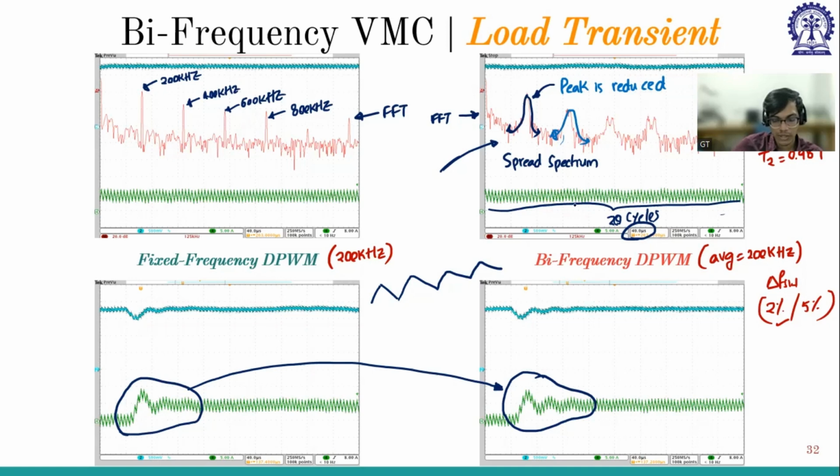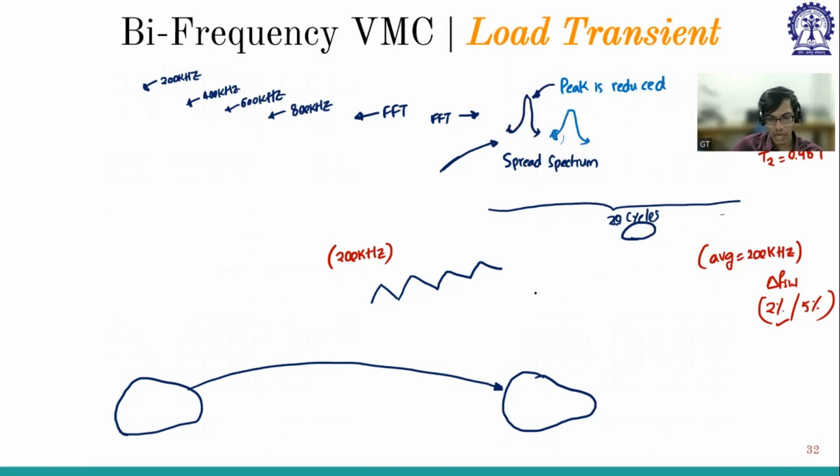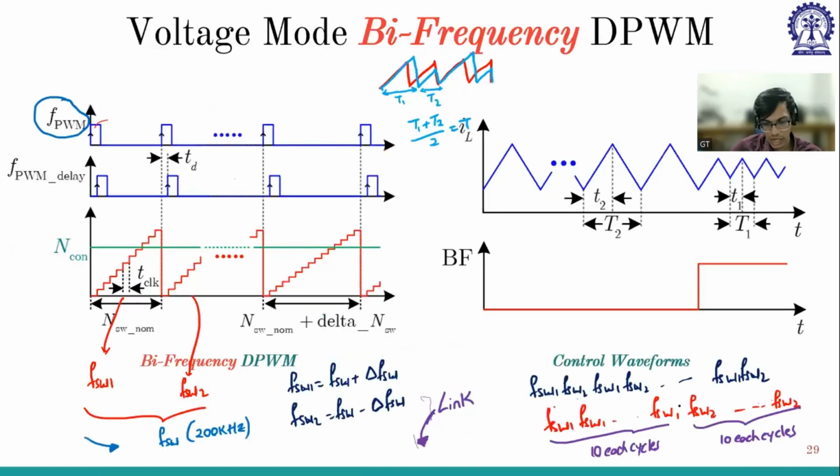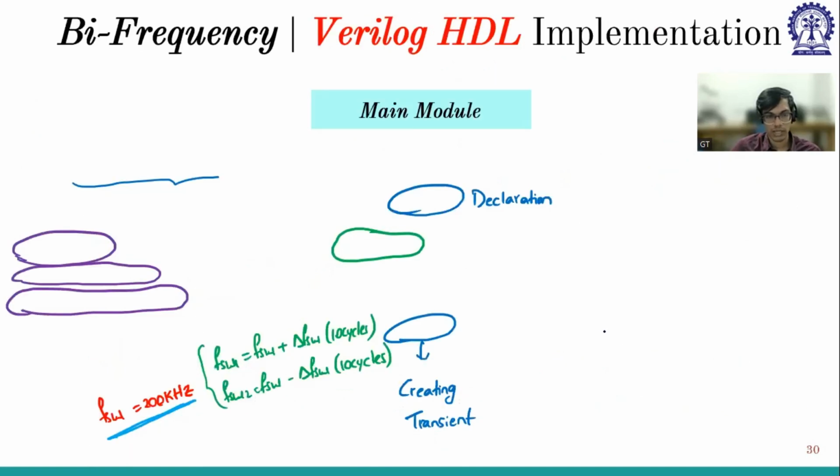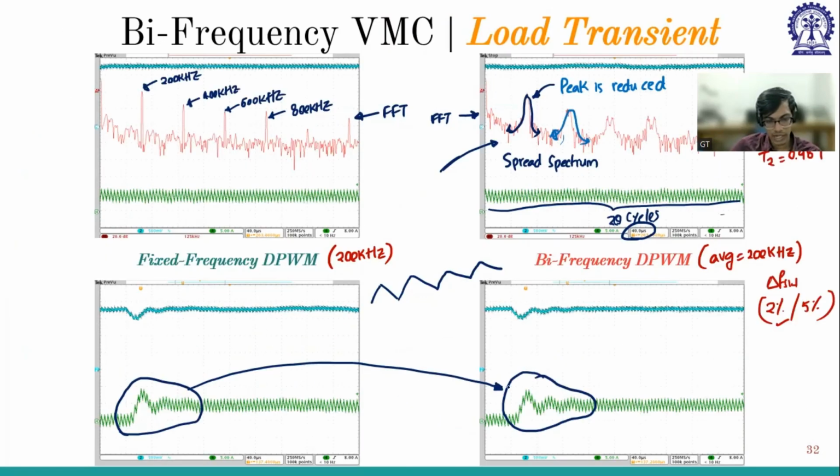But if you give a huge difference in the switching frequency, then after this instant it might have to go through some transient, like 1 or 2 cycles, before it comes back to steady state, which is again not desirable. So we should keep that in mind. Also, the effect it has on the transient response should be kept in mind.